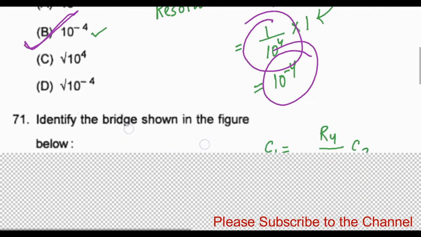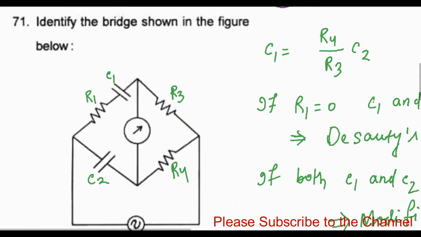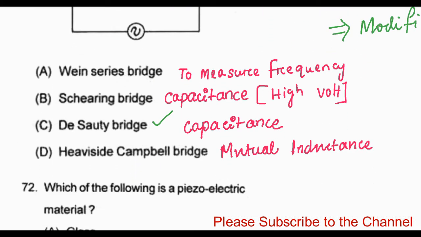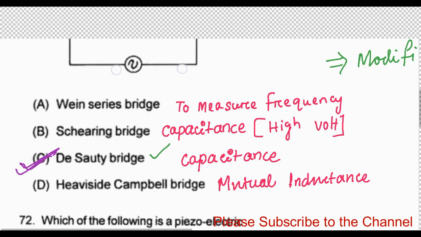Identify the bridge shown in the figure below. So here this is the bridge given and I have marked it like this, and this is a de Sauty bridge for capacitance measurement.